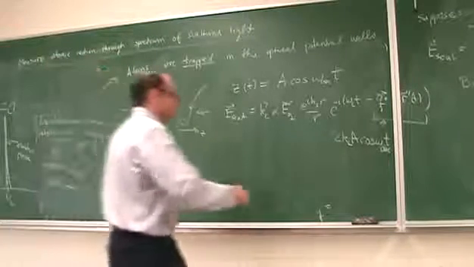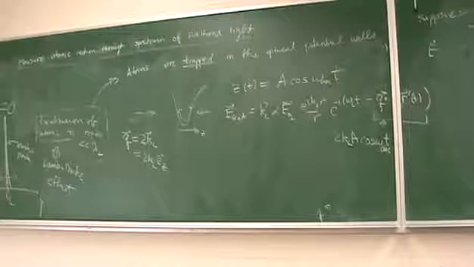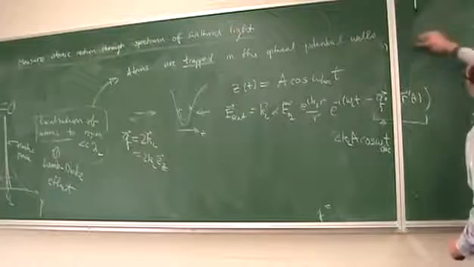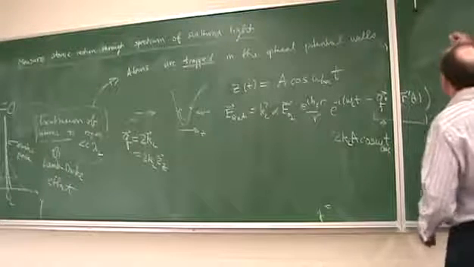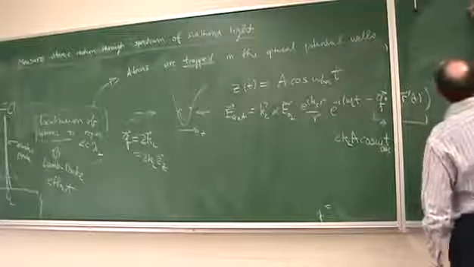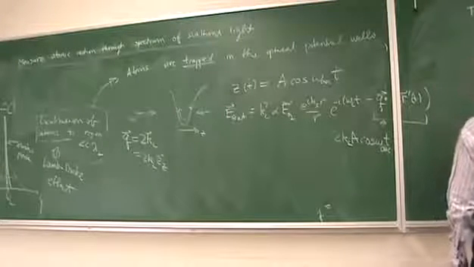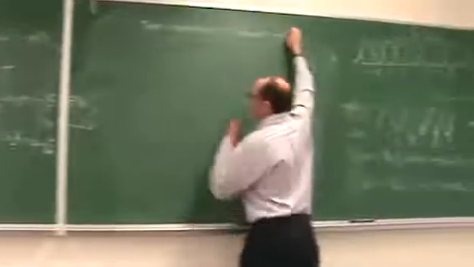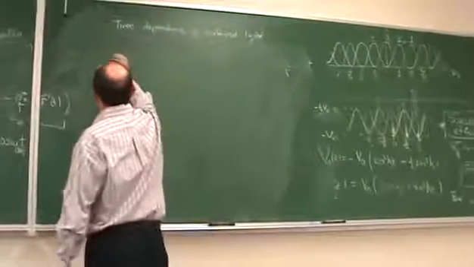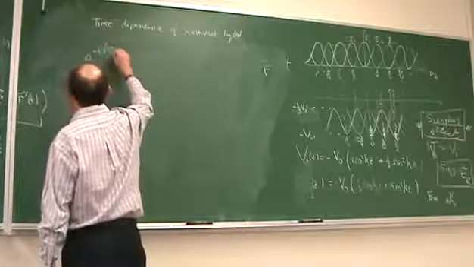All right. So let's put that together. The time dependence of the scattered light is of the following form.